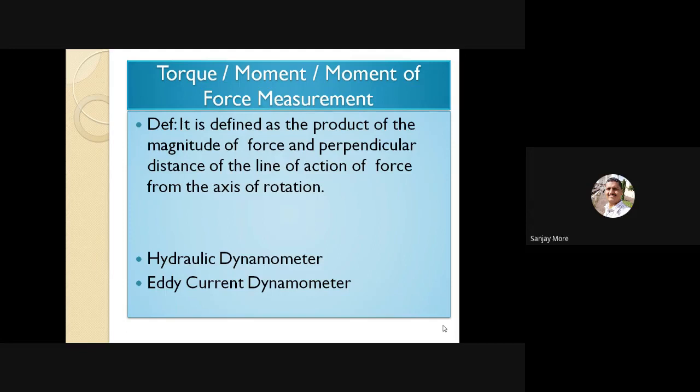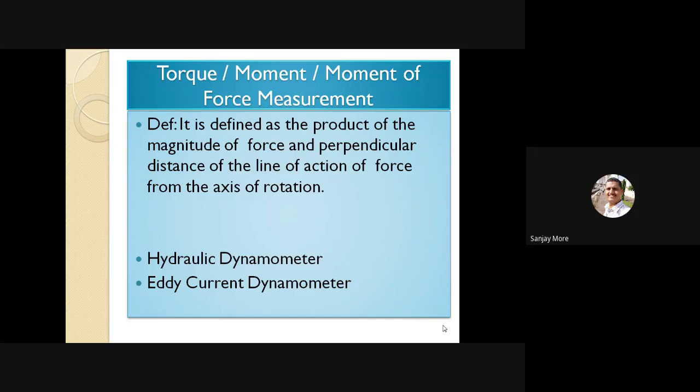This is the definition of torque. In our syllabus only two points are there: hydraulic dynamometer and eddy current dynamometer. These are the instruments for measurement of torque. Torque is related to the measurement of speed, meaning revolutions per minute.